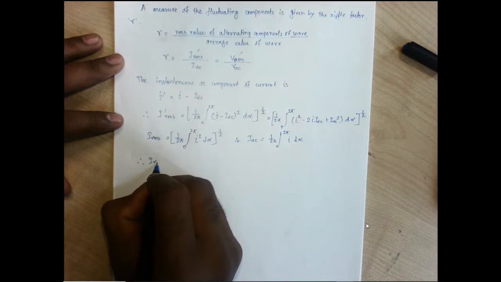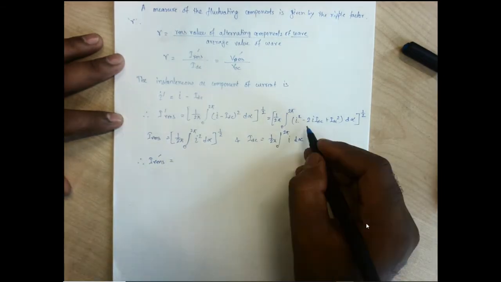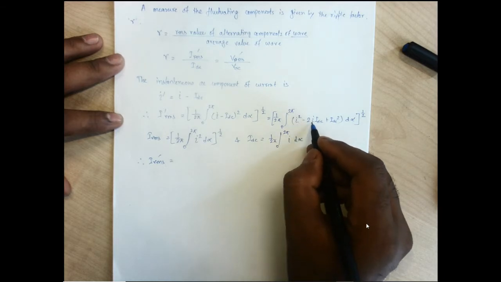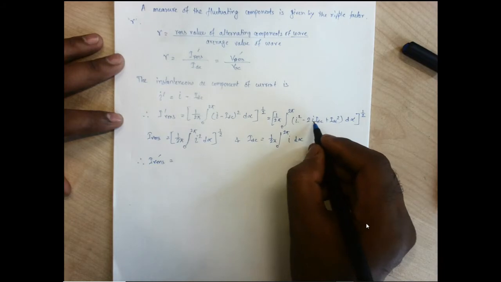Therefore IRMS prime: if we consider this value over here, that will be IRMS square, then this twice I will become IDC, right? Because this is under the integration 1 by 2 pi integration 0 to 2 pi twice I d alpha.